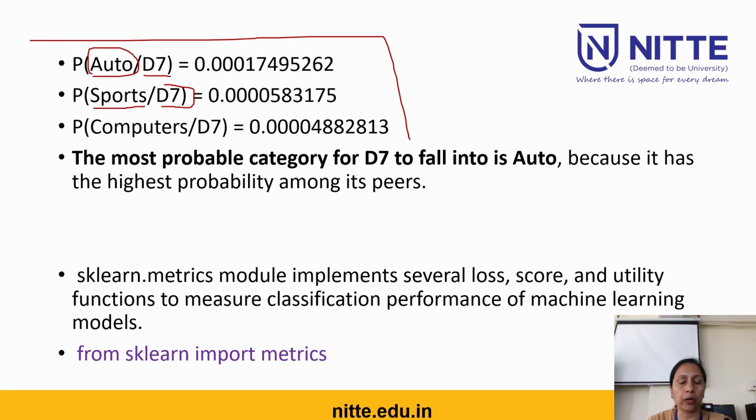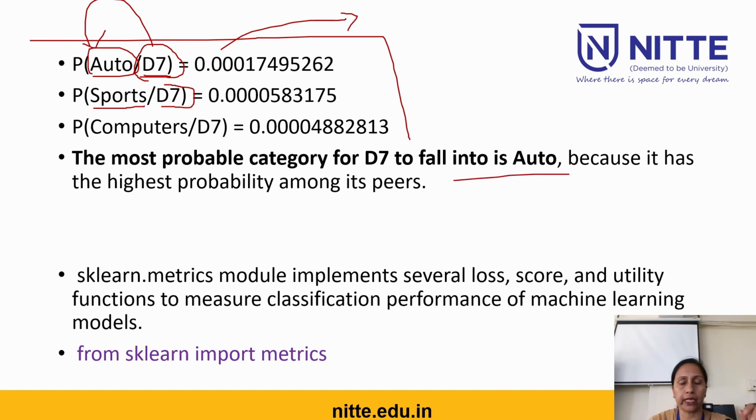So out of the three probabilities, you can see that this is not normalized actually. That is why the probability values are very small here. Out of so many probabilities, you can see this probability is a little higher compared to the other two. So I assign the D7 document the label auto, in the sense that the D7 document belongs to the category of documents called auto.